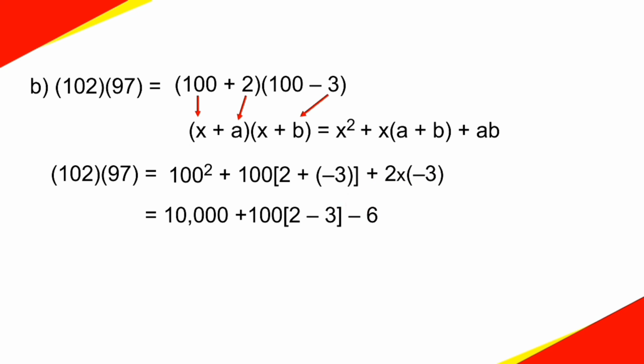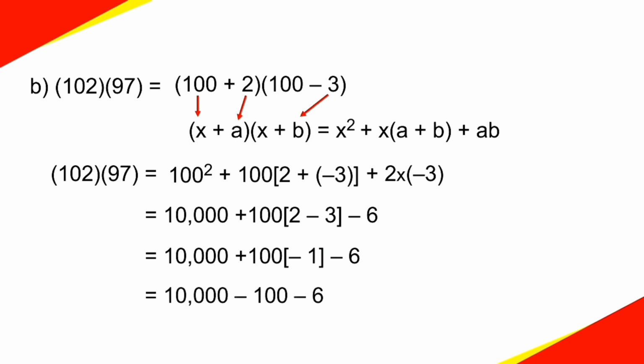Very good. Next, 10,000 plus 100 into 2 minus 3, what can we get? Right, minus 1. 100 into minus 1, minus 6. Students, can you simplify it?